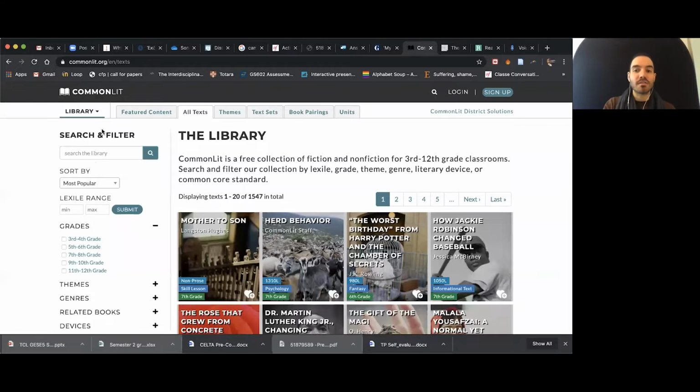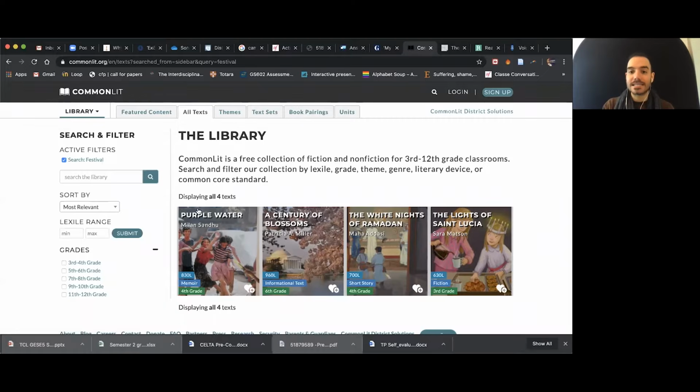And here on the left-hand side, you have the search function. If you go to the search function, you can write, what was a topic that we saw? Let's write festivals. I'll write festival.